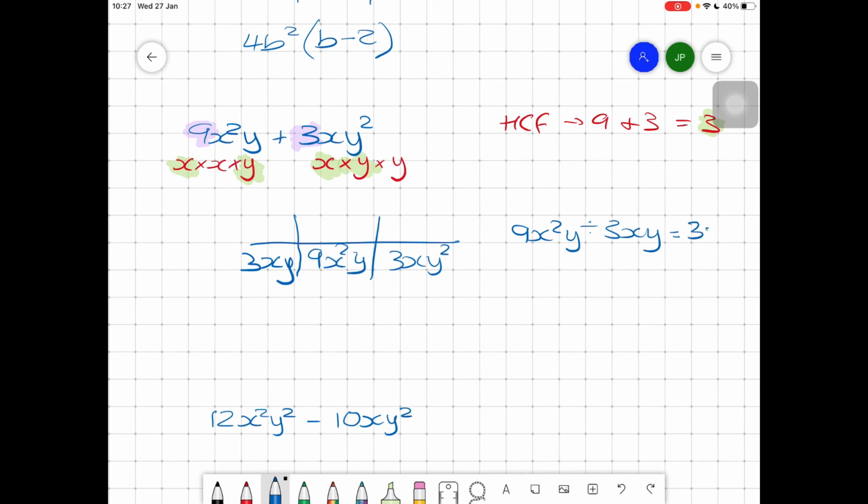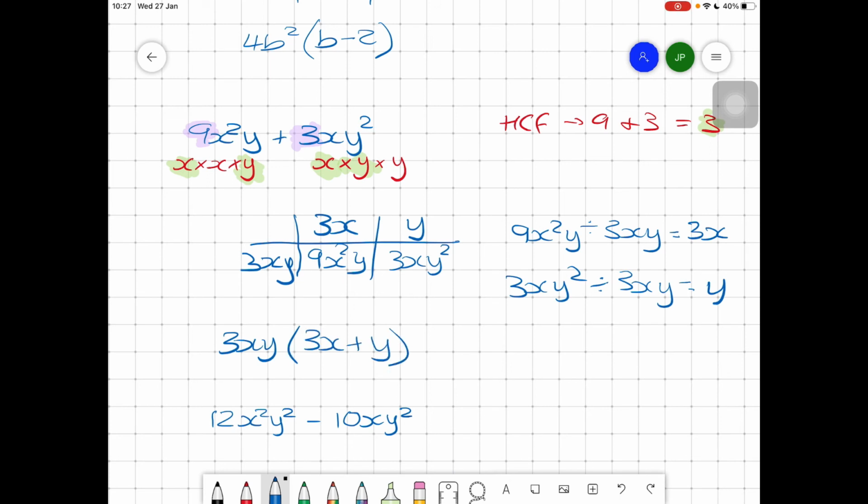X squared divided by x is an x, and my y's cancel out, so I just got a 3x. Then I need to do 3xy squared divided by my 3xy. 3 divided by 3 is 1. X divided by x is 1. So y squared divided by y is y. So I've just got my y left. So my final answer becomes 3xy, lots of 3x plus y.